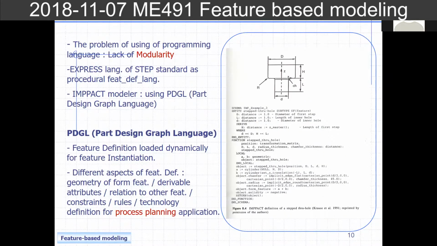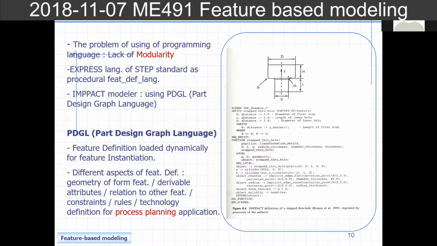And the programming language usually has a problem of modularity. Express is a special language developed only for the ISO STEP standard that has a procedural feature definition language. And there is another one, the IMPACT modeler.